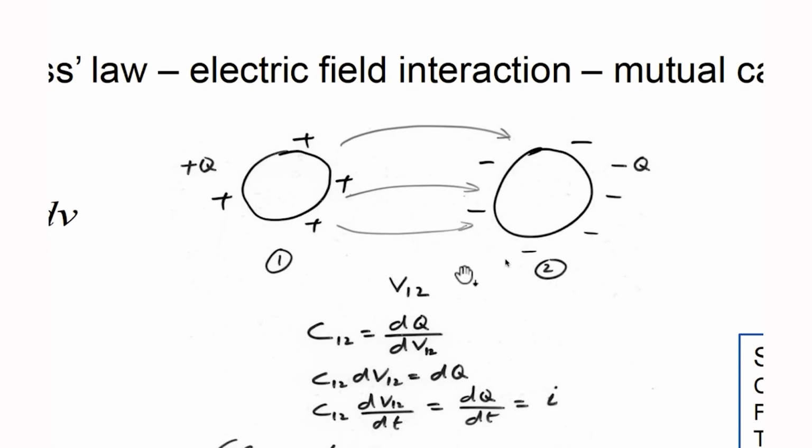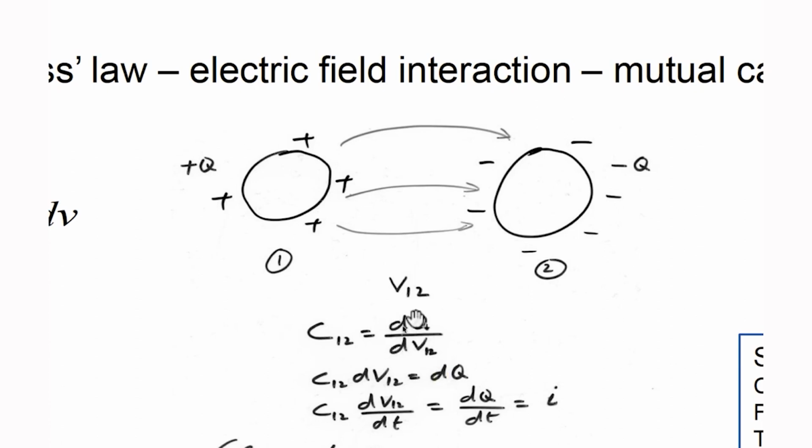And there is a potential difference between them expressed by V subscript 1,2. So the capacitance between them in circuit theory is defined as C12 equals the rate of change of Q with respect to V. So this is the definition of mutual capacitance.